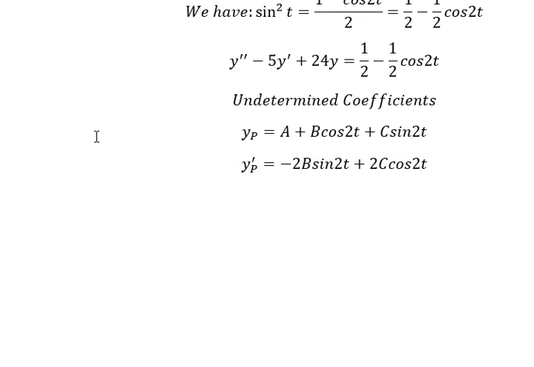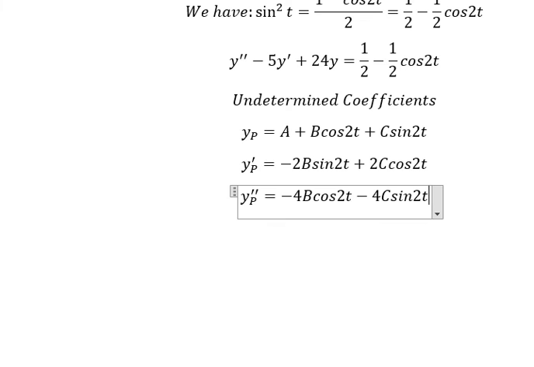Now, if we do the second derivative of this one, we have negative 4b cosine 2t minus 4c sine 2t.